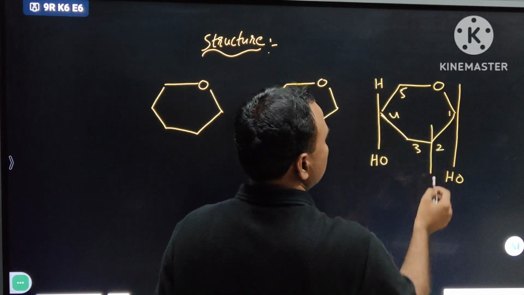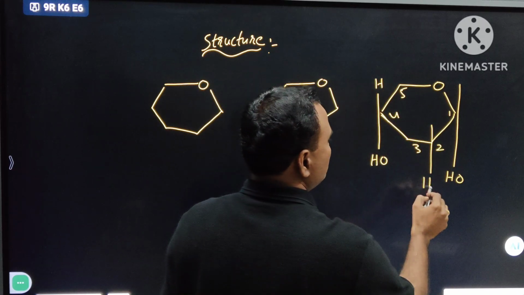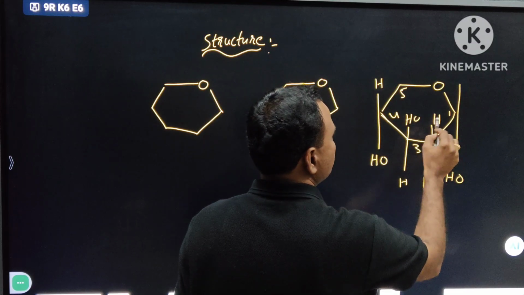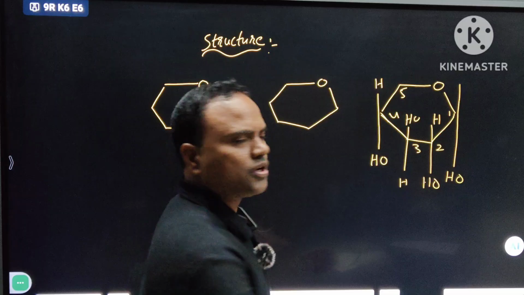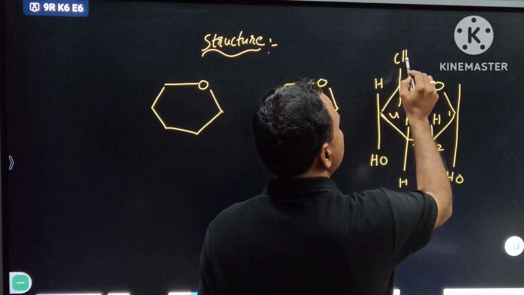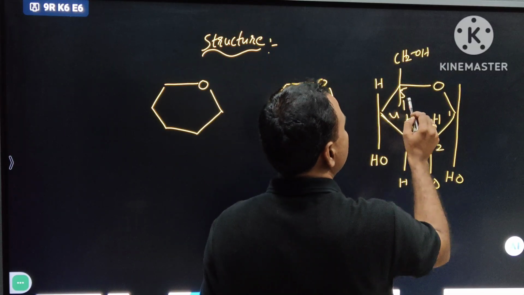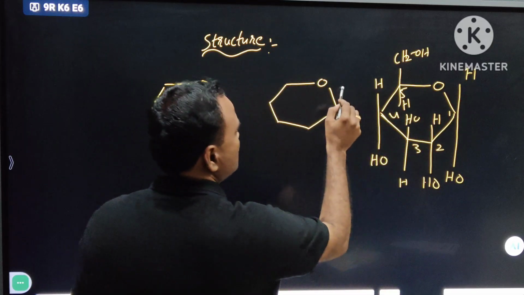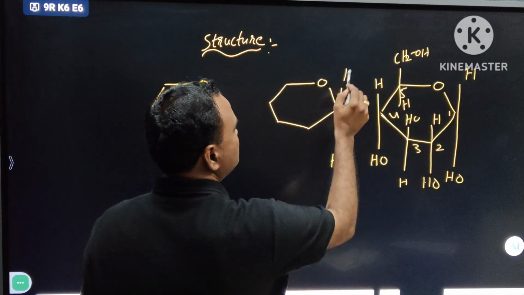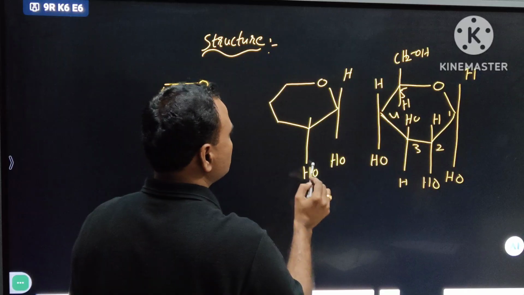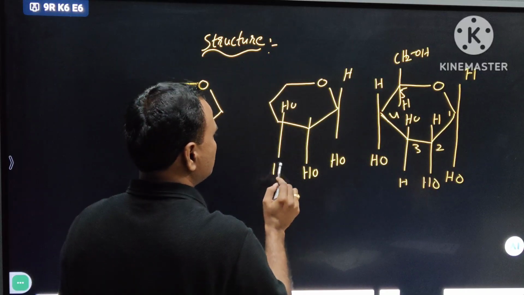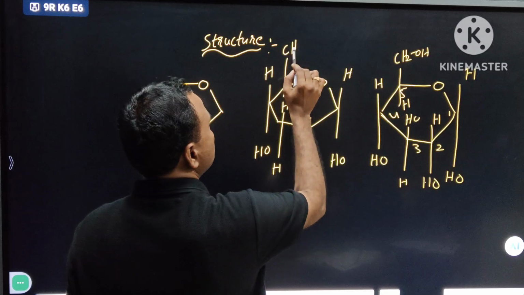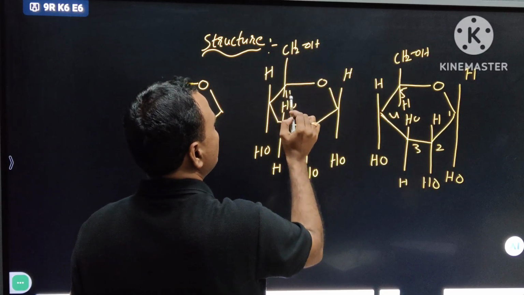Hydrogen in the middle, two OH groups in opposite directions. At the 5th carbon, CH2OH is always on top. Here hydrogen atom, here also the same alpha. CH2OH and here hydrogen.